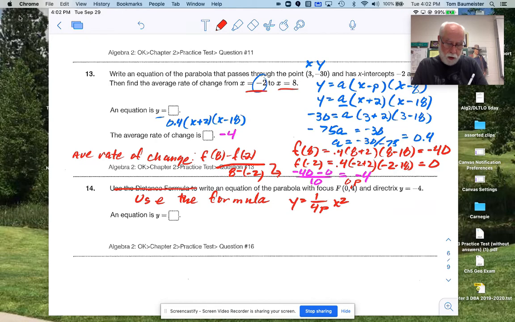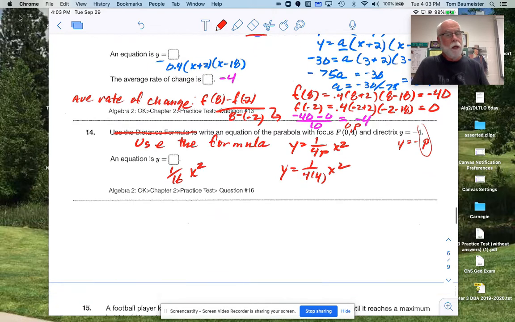Again, if you just wanted to see it as the directrix, it would be y is equal to negative p. Again, notice that p is equal to 4. So either one tells you that. So we can say that y is equal to 1 over 4 times 4 x squared, or our answer will be y is equal to 1 over 16 x squared. Okay?